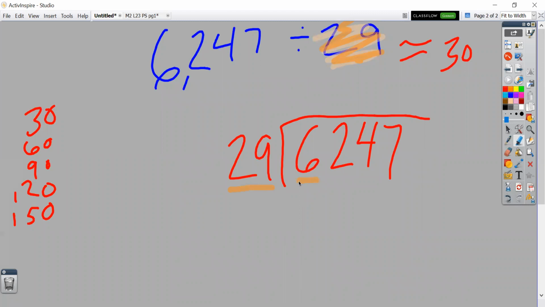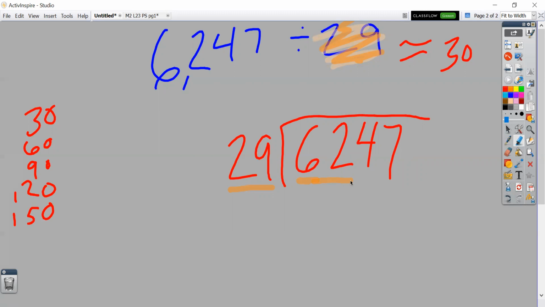So when we first start looking at the place values in the dividend to start breaking it apart and dividing equally, I'm starting with the 6 in the thousands place. Right away I know that's not enough thousands to divide equally across 29 groups, because I'm going to need at least 29 to do it equally once. So I'm going to have to extend my thinking into the hundreds place.